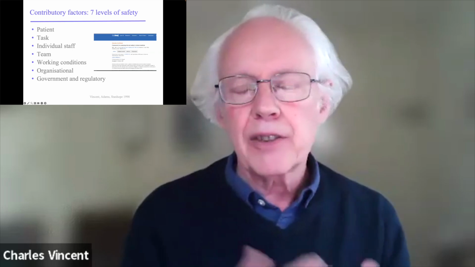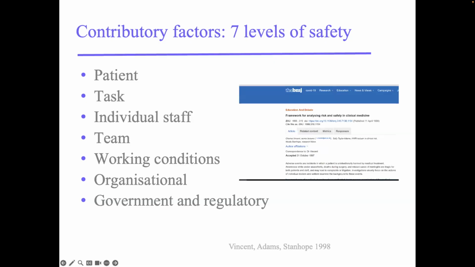And we divided it into 7 categories, 7 levels of safety. Things about the patient: they might be angry, they might be distressed, they might be cognitively quite challenged. These are all things that might influence the problems occurring in care. The task: is there a protocol? Is it clear? What's the guidance for staff?